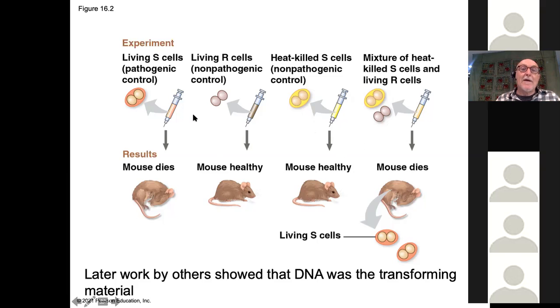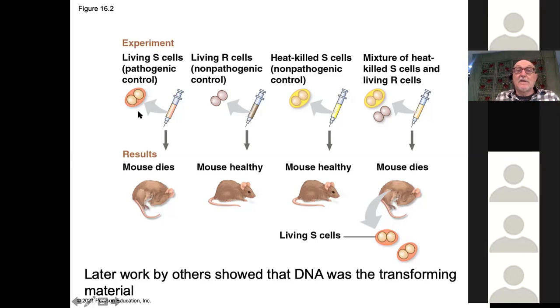Now, there's two reasons why this smooth capsule is important. The first is it allows the bacterium to escape the mouse's immune system. The immune system does not react strongly to encapsulated bacteria. The second is that this capsule allows the bacteria to stick to surfaces, to mucous membranes, and bacteria very often require adhesion to a surface in order to grow properly.